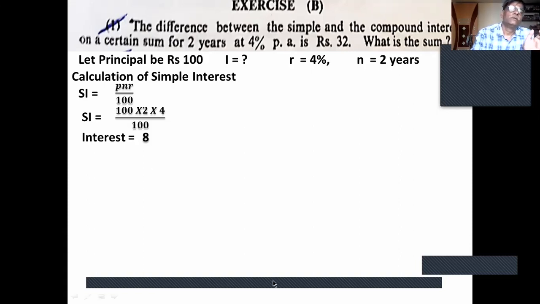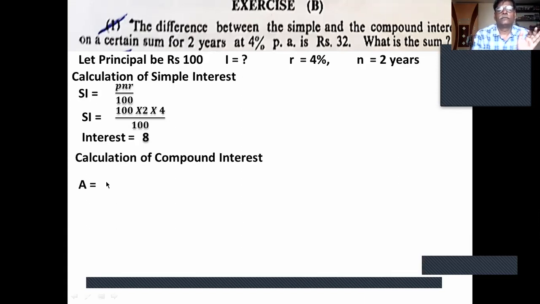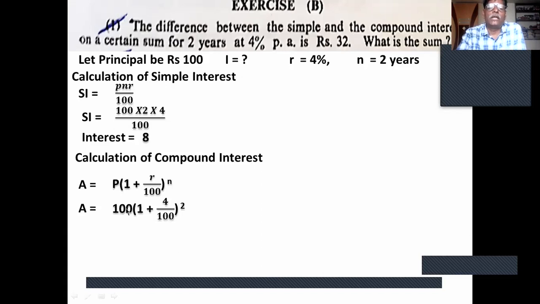Okay. So calculation of compound interest. Your equation is A is equal to P into the bracket 1 plus R by 100 raised to N. Okay, this is the equation. If you fill the values, P is 100, 1 plus R, rate of interest is 4, divided by 100, raised to N, N value is 2.